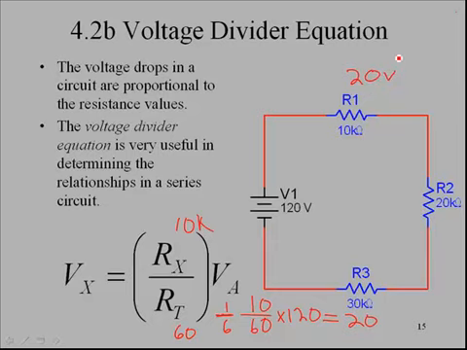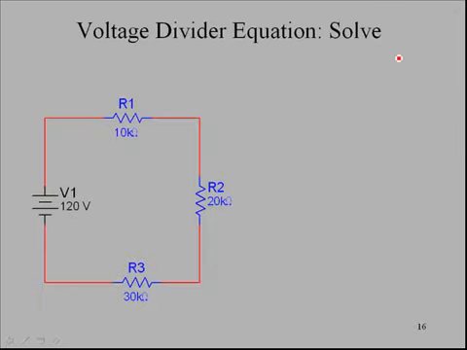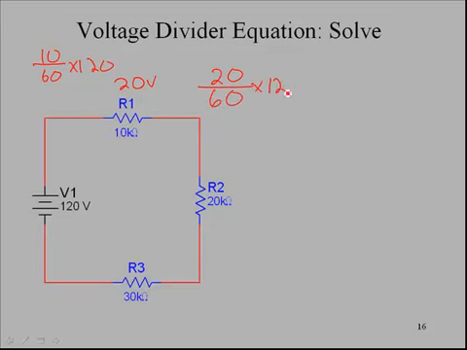Let's jump to the next slide. I have a prepared circuit for this. So we said this first one was 10 over 60 times 120, and that would be about 20 volts. The next one here, 20K, we could do the same thing: 20 divided by the total resistance, which is 60, times 120.